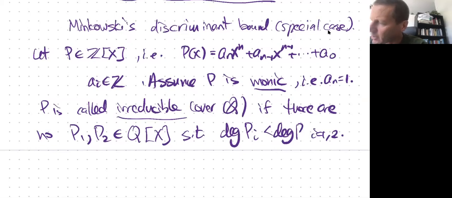Oh, I'm sorry, I didn't write down: so there are no such pairs of polynomials that divide P.